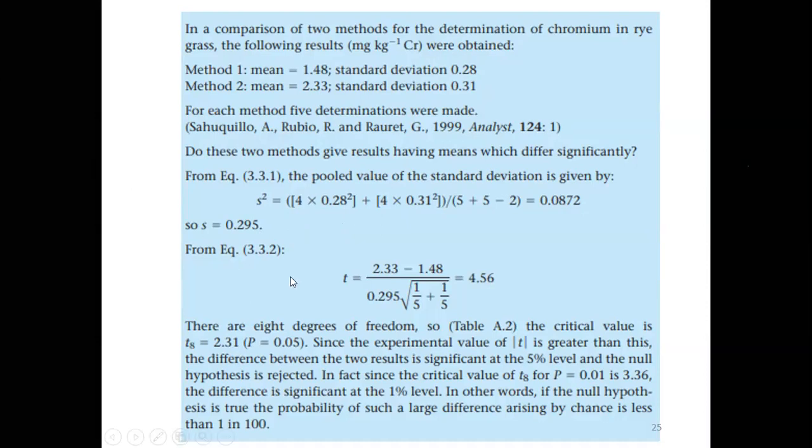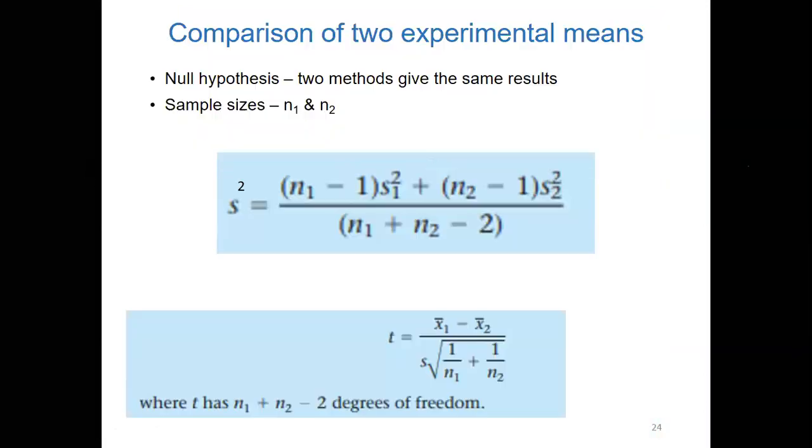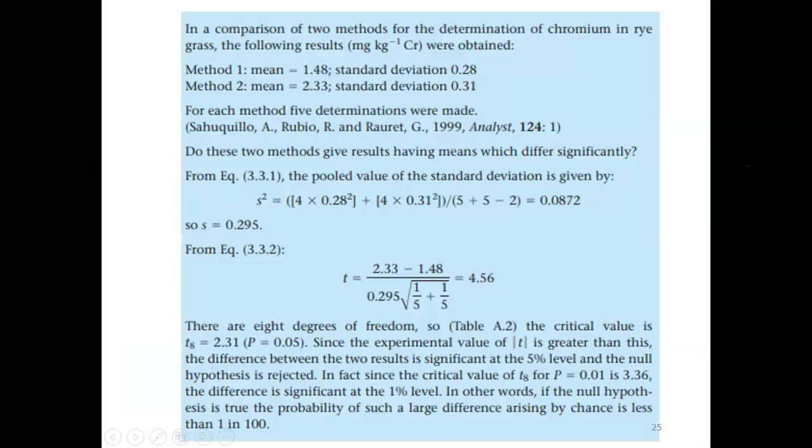Then, in the t calculation equation, we can substitute this value and solve for t using the previous equation, right? Those two equations, the second equation. When we calculate t using the equation, we will get 4.56.